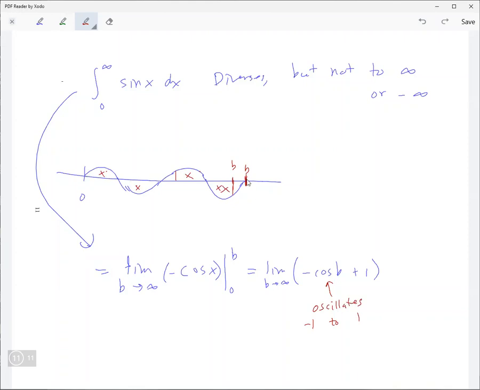Going from here to here would be adding another hump, the area under this hump here, which I believe is 1, if I remember correctly. So it's going to be different values as you're moving along. So it diverges, but not to infinity or negative infinity.